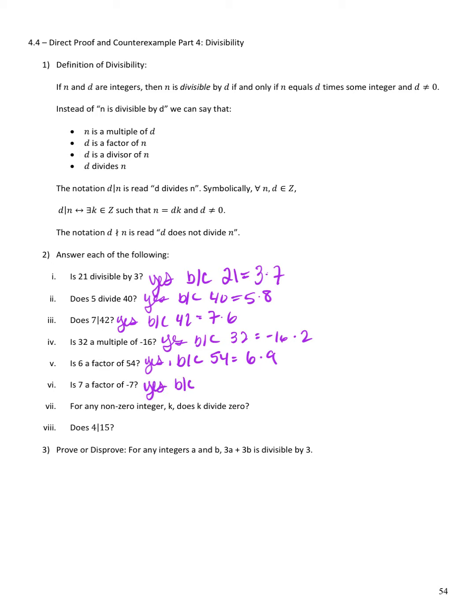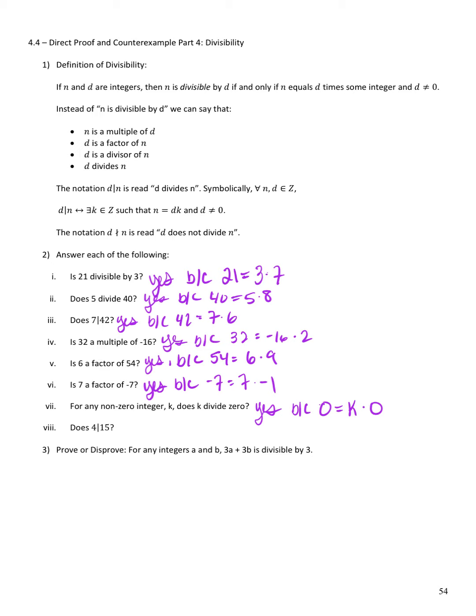Yes, because negative 7 equals 7 times negative 1. For any non-zero integer k, does k divide 0? So that's saying, does k go into 0, or is k a factor of 0? Yes, because 0 equals k times 0.